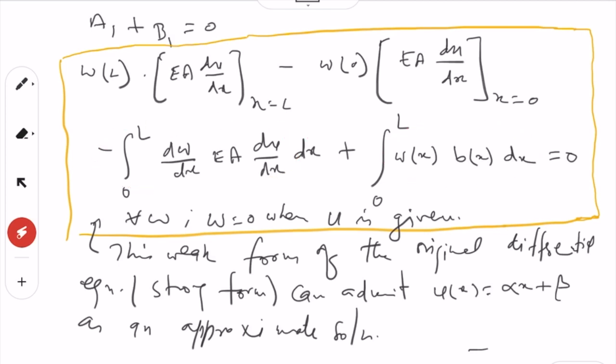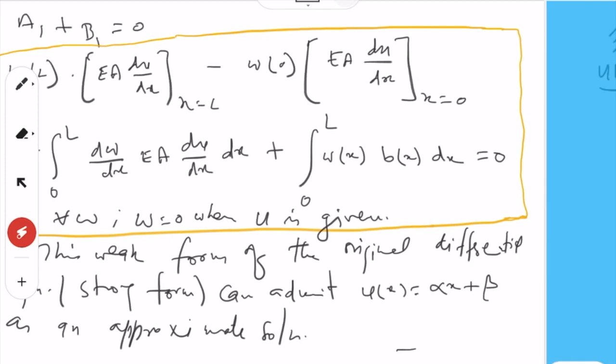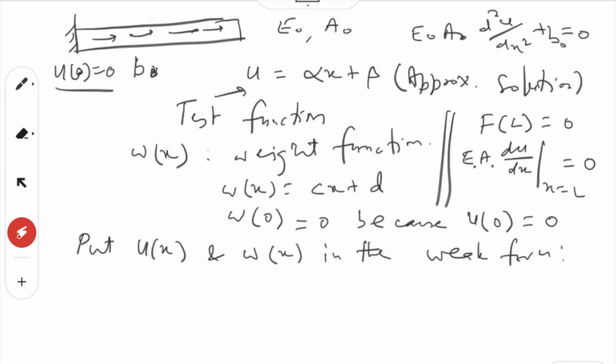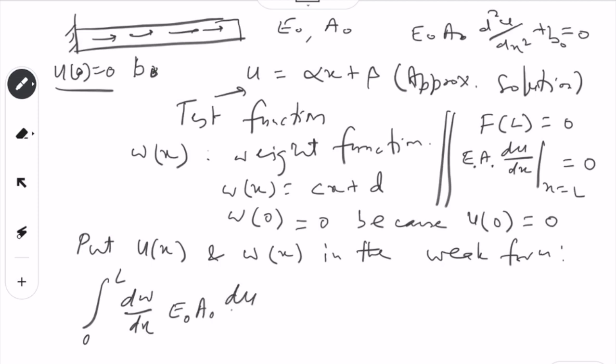So for us, in this case, we get the integral from 0 to L of dw/dx times E naught A naught du/dx equal to the integral from 0 to L of B naught times w(x) dx.